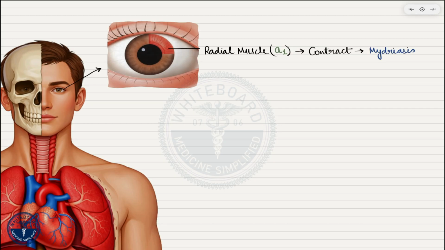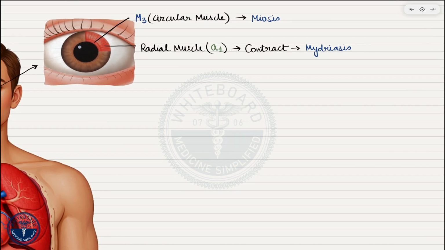If you remember our previous discussion on muscarinic receptors, we learned that M3 receptors are located on the circular muscle of the iris. When these receptors are stimulated, the circular muscle contracts, causing miosis. However, it is important to note that this mydriasis occurs without cycloplegia, meaning that accommodation is not affected. In other words, the patient can still focus on near objects normally.